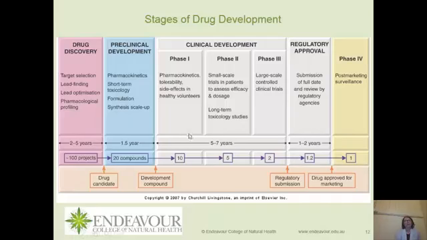Okay, now once all of that data is available and published and available to the committees that report to the TGA, then we have that approval process where if the TGA or MedSafe and other similar regulatory authorities around the world approve that substance, it's then put onto a register in Australia, that ARTG, the Australian Register of Therapeutic Goods.